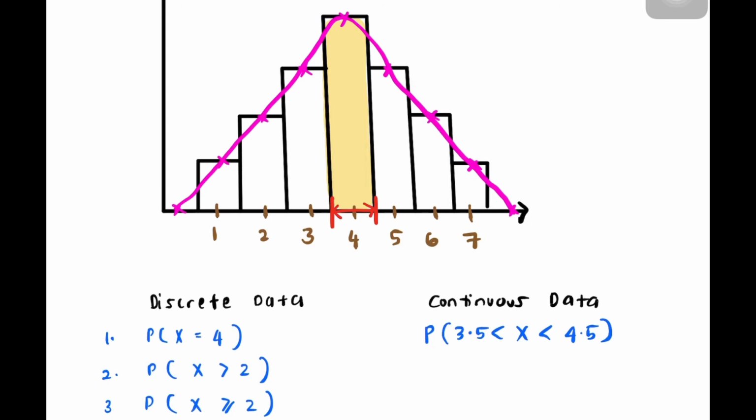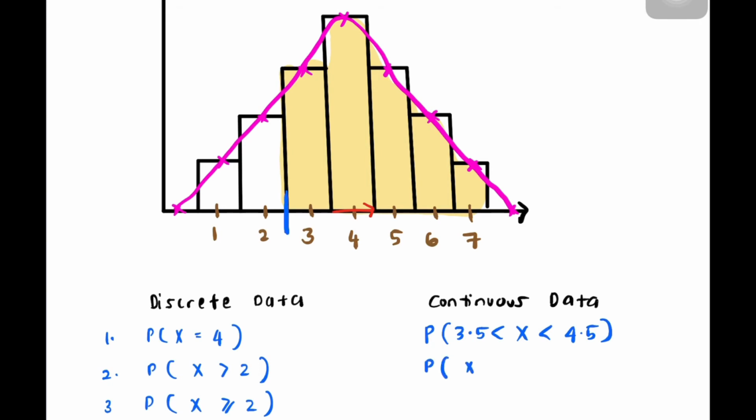Okay, that is when you have the equal sign from discrete. Let's say you have inequalities. Number 2, x is more than 2. X is more than 2 means that the coverage is 3, 4, 5, 6 and 7, from bar 3 up until bar 7 here. Then when you convert to the continuous data, bar number 3 actually starts from this value, which is 2.5.